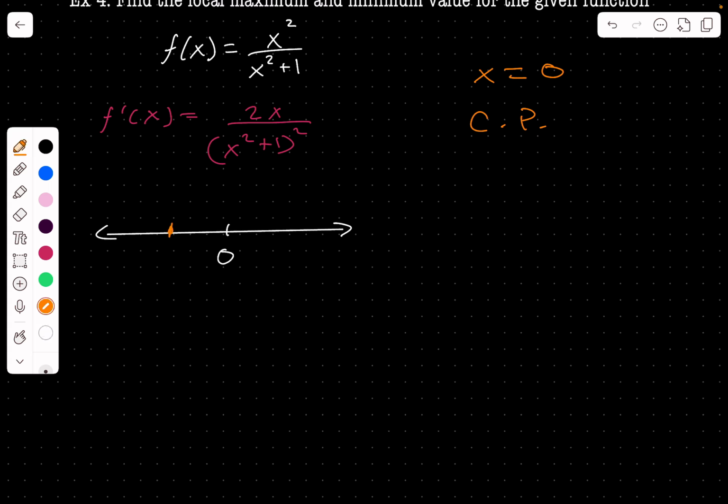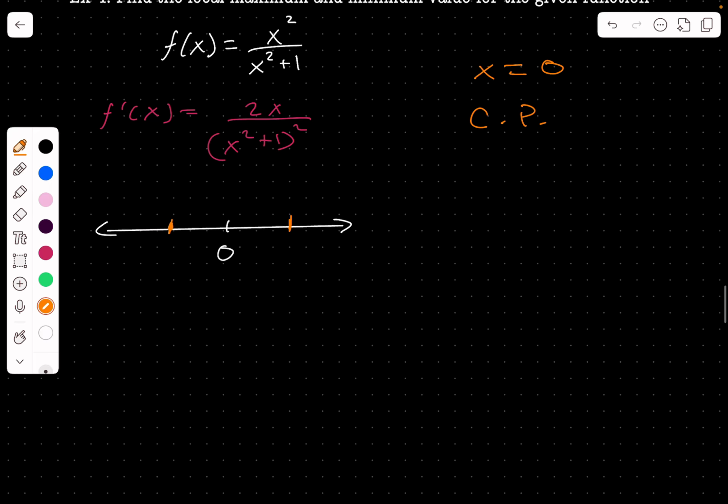Now we must select a point on the left and on the right. We don't have intervals, so we could just pick whatever we want. I'm going to go with -1 and 1. Let's find out what these signs are going to be. We do this by plugging into the first derivative, because it's the first derivative test.